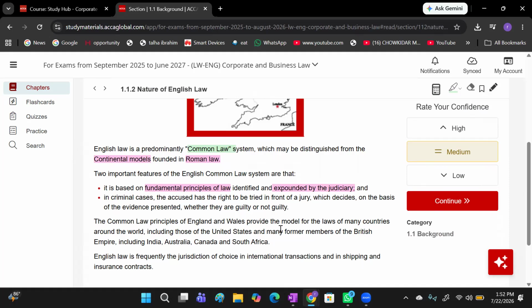All right, so the common law principles. The meaning of principles is best practice. Whenever you're doing some kind of work, the best way of doing it is called the principles. The common law principles of England and Wales have been the model for many countries around the world, even the US, India, Australia, and Canada.